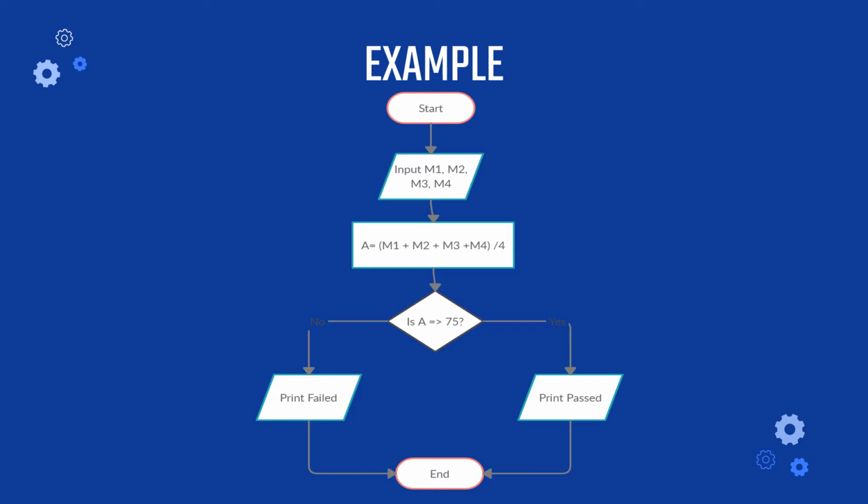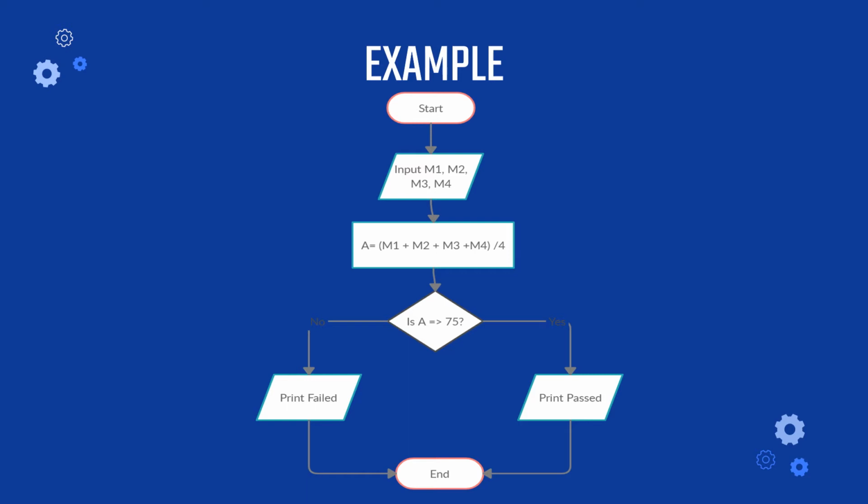And then, input M1, M2, M3, and M4. For our process, which is kung paano natin kukunin yung average, A is equals to average is equals to M1 plus M2 plus M3 plus M4 divided by 4.